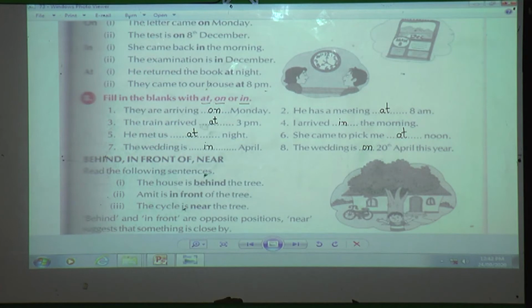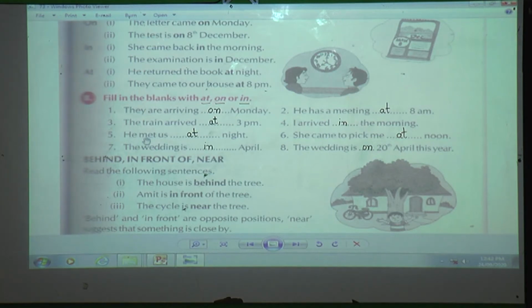Done, students? Again I'll repeat. They are arriving on Monday. Now they have mentioned the time. So that time what do we have to use? At. He has a meeting at 8 a.m. The train arrived at 3 p.m. Again they have mentioned time over here. I arrived in the morning.